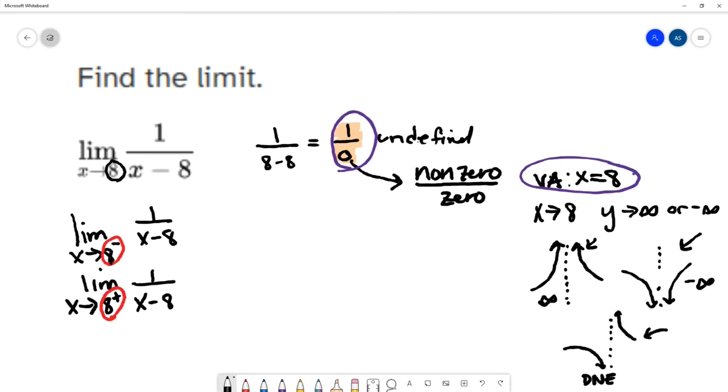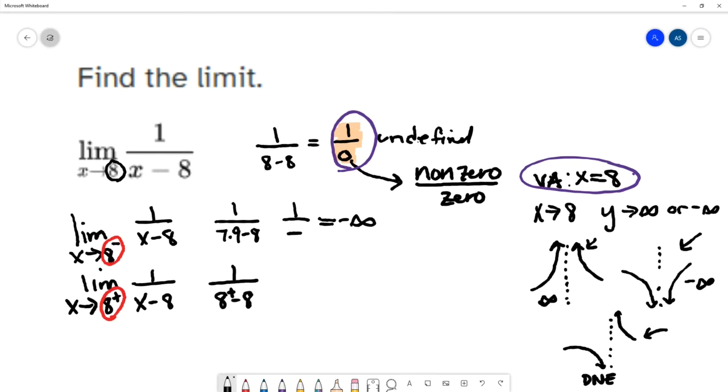So if I pick a number that's a little bit smaller than 8, like maybe 7.9, 7.9 minus 8 is going to give me a negative number in the denominator. So I know that on the left, I'm going to be approaching negative infinity. And on the right, if I pick a number that is a little bit more than 8, some people just write 8 plus because it doesn't really matter what the number is.